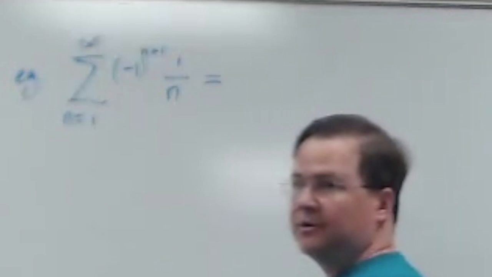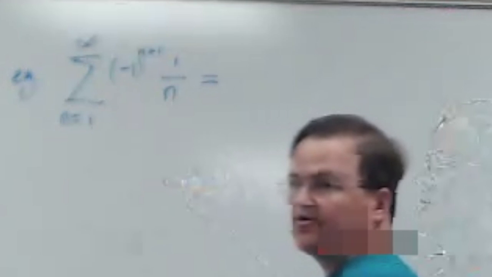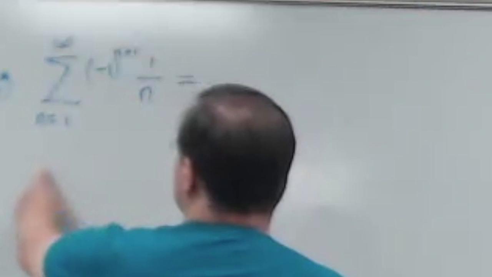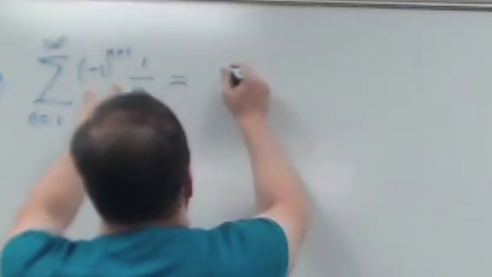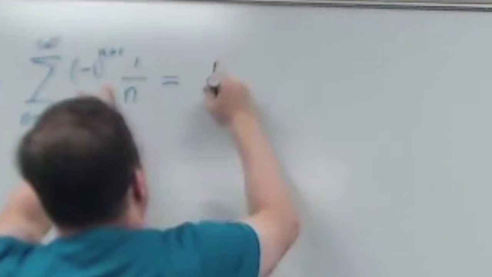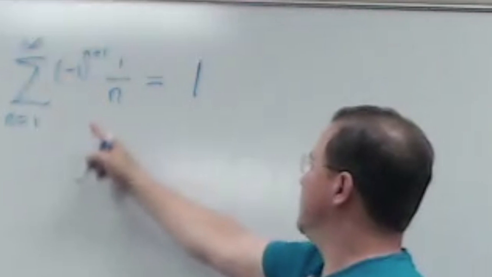If you were to write out a few terms, if ever this notation gets too confusing, you can get grounded by just computing some numbers. If n equals 1, I have a positive 1 over 1. If n equals 2, that's going to become a negative 1 over 2.